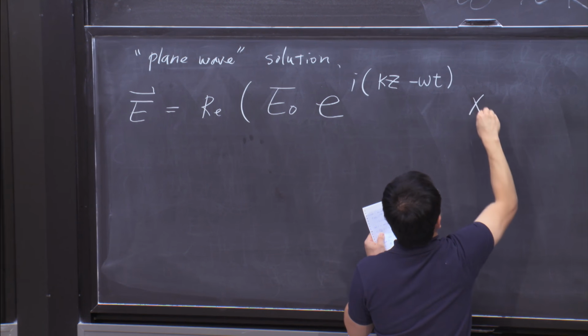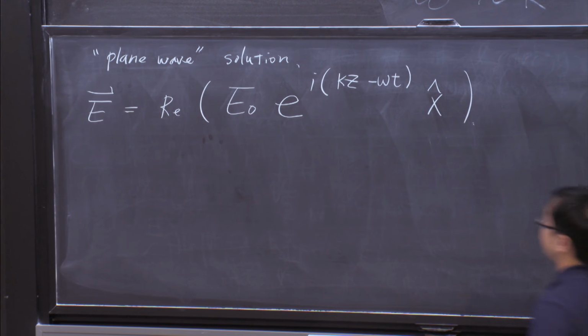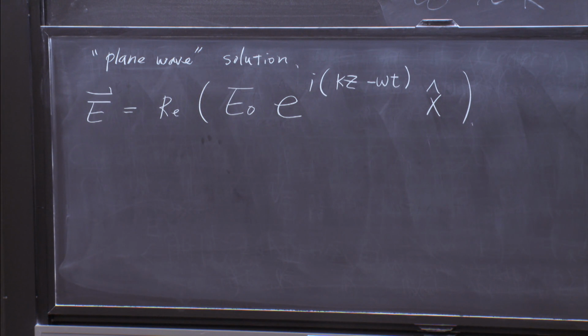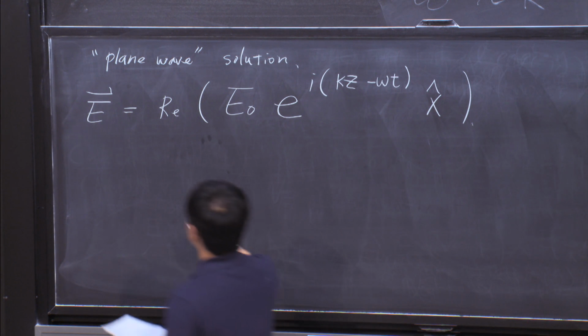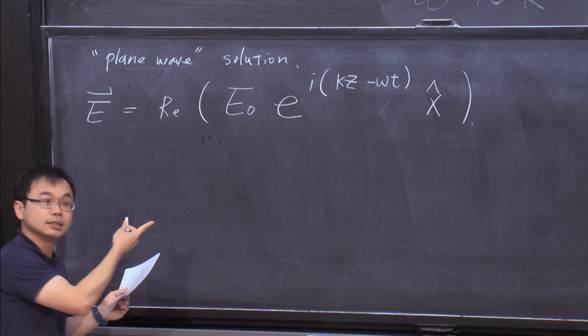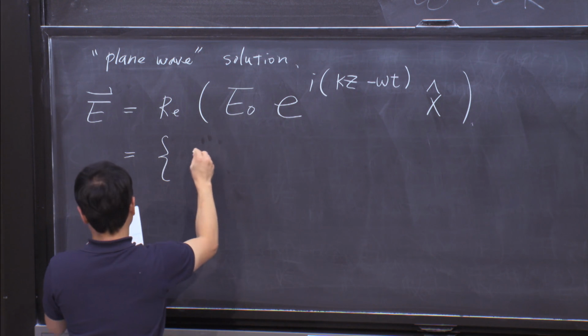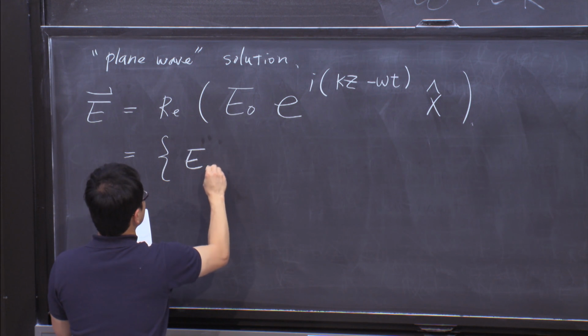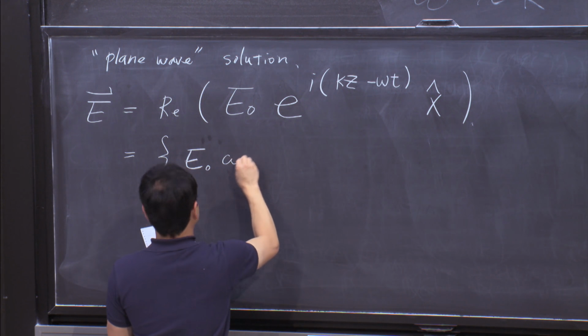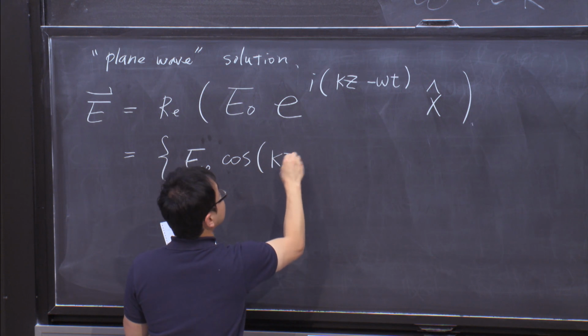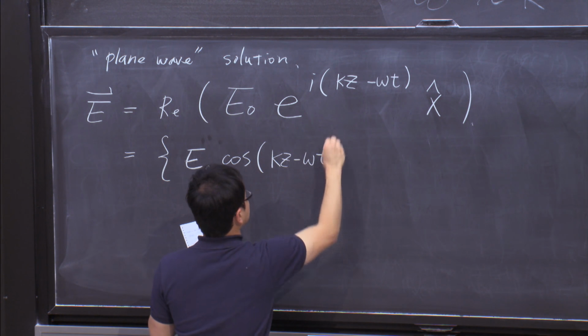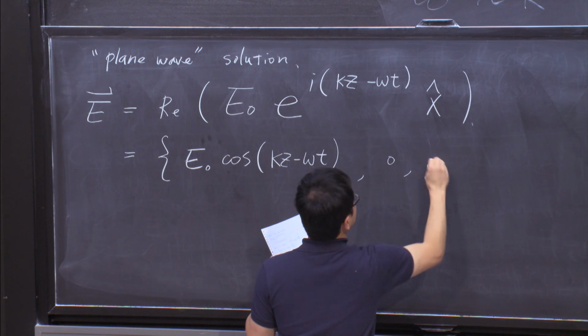And this electric field I consider here is in the x direction. If I write all the terms from this expression explicitly, the x component will be E0 cosine(kz minus omega t), 0 and 0.